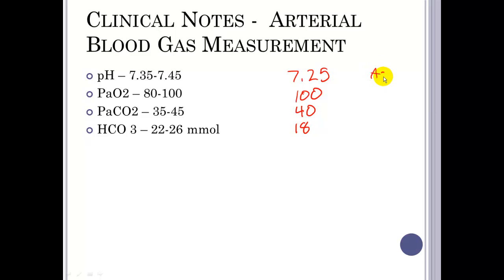They are acidic. That's normal, that's normal, that's abnormal, that's low. So they have been using up bicarbonate ion. That means that it's another acid besides carbonic acid. So they are in a metabolic acidosis.